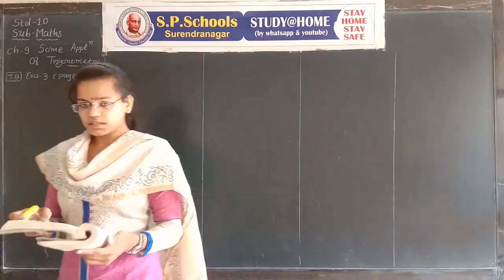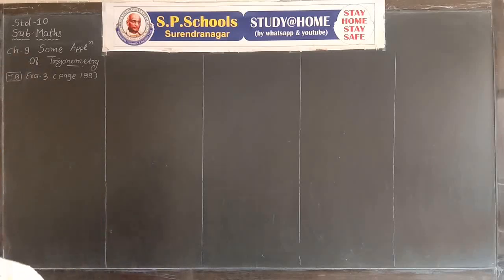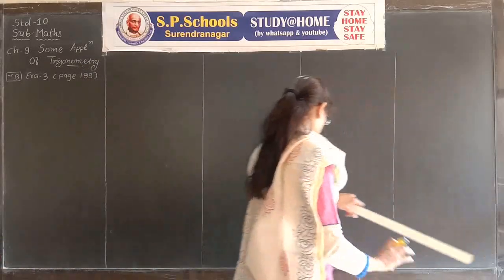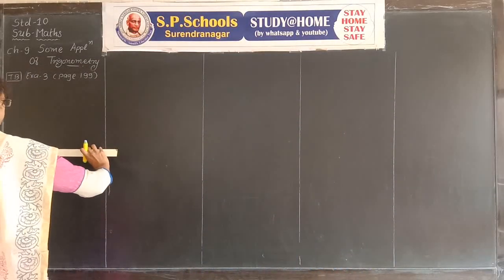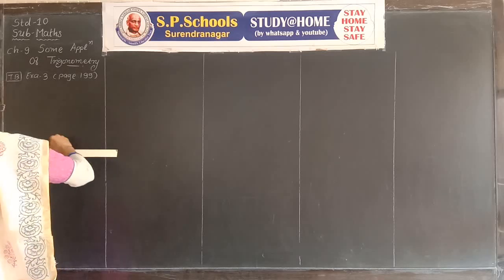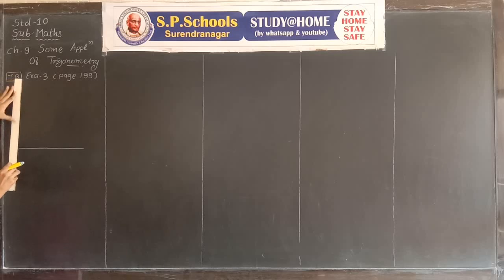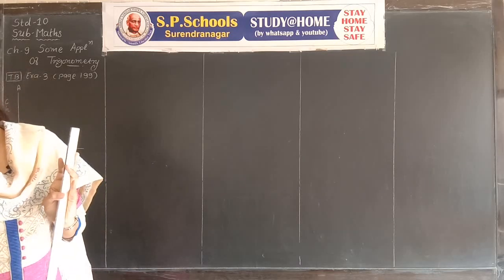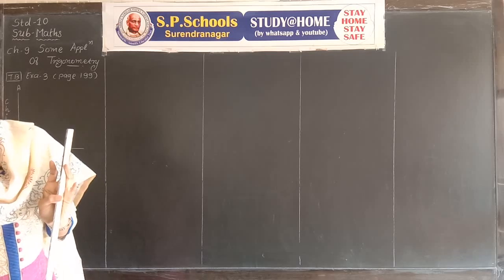The question is very small. The height of observer is also given. First draw a chimney. Suppose AB is chimney, is vertical to the ground, and observer 1.5 meter tall is 28.5 meter away from the chimney.